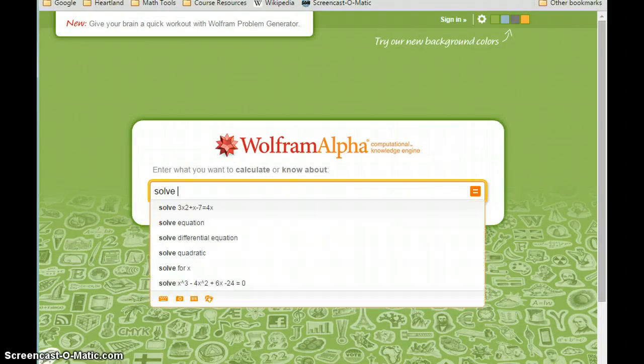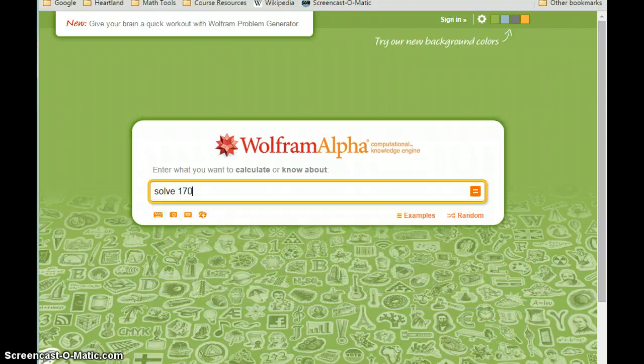So we can ask Wolfram Alpha to solve 170 e to the negative 0.001x equal to 30 e to the 0.001x.